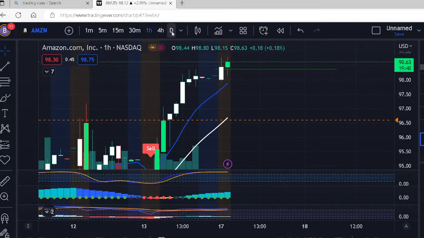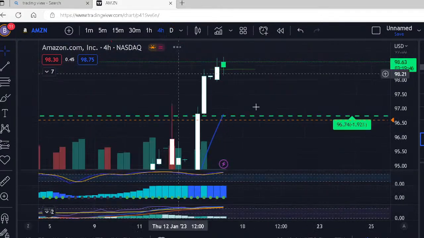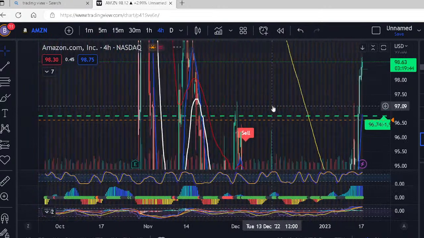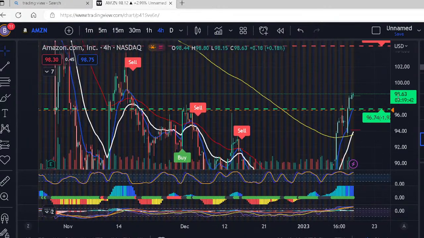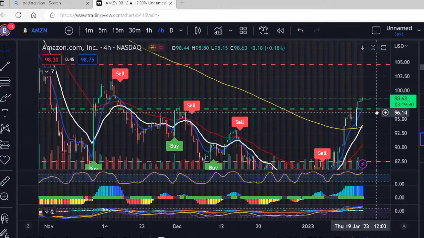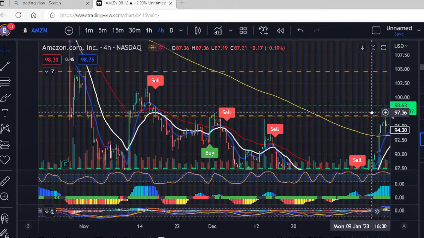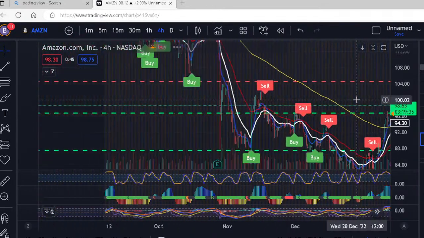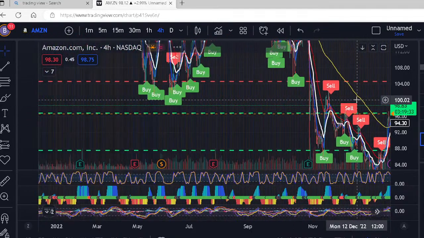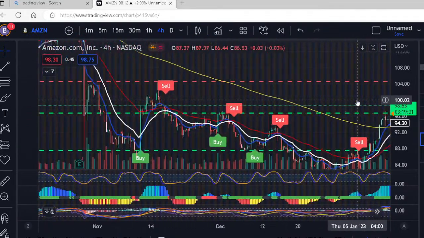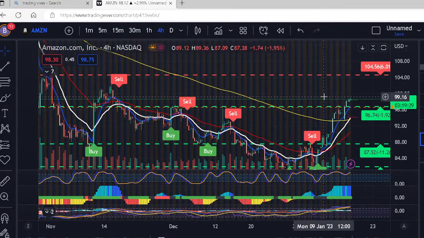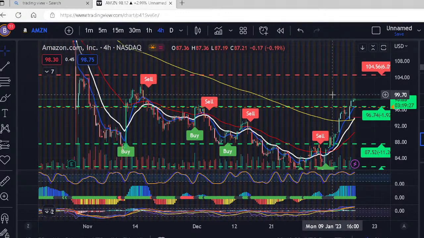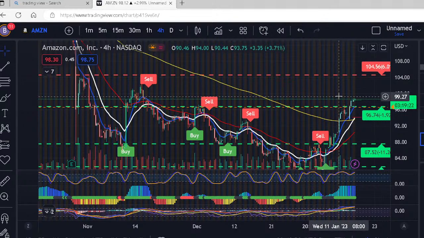Let's see. So I'll try to give you guys some price targets and alerts. For the calls, I would say 99.27 would be my call trigger.